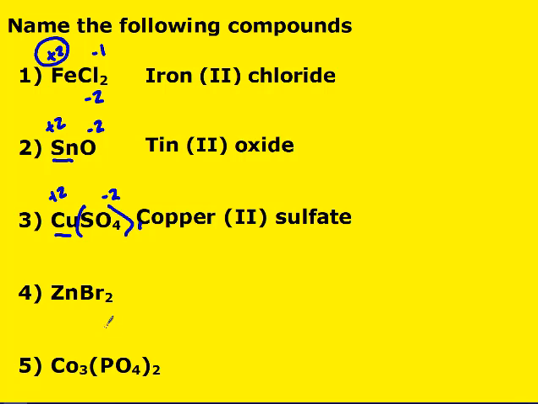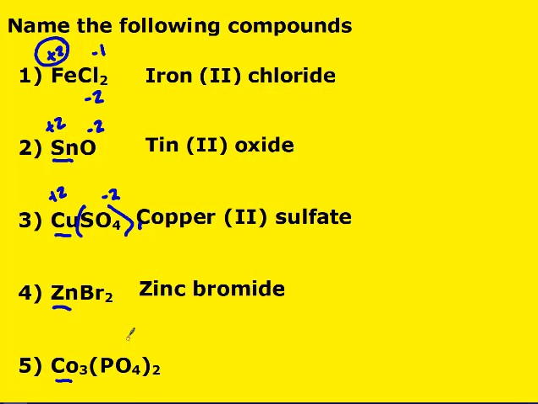And finally on the bottom, we have zinc, which is in group 1A, 2A, silver, zinc. So in this case, we don't care what the charge of Br is. We're just going to name the two pieces, zinc, and then Br turns into bromide. And finally, cobalt is not in group 1A, 2A, silver, zinc, cadmium, aluminum, or gallium.